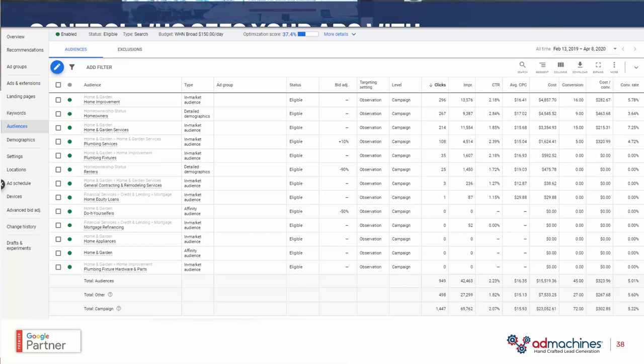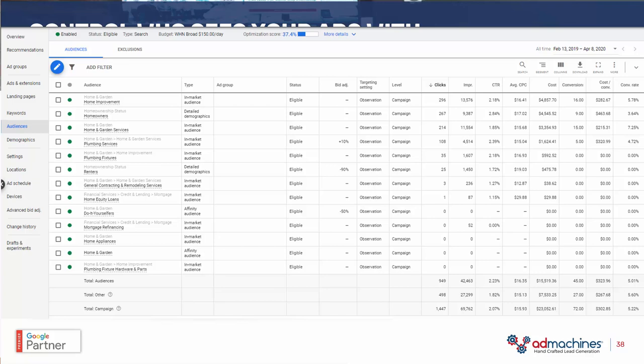I can put a negative 50% bid modification on do-it-yourselfers. I don't want to target them. So this is where I can control the ebb and flow of how the money is spent based on the audience. And I can also break that down by age and gender, which is very powerful, because if you know who your ideal target is, you can massage the audience information to really put your ad in front of that audience.